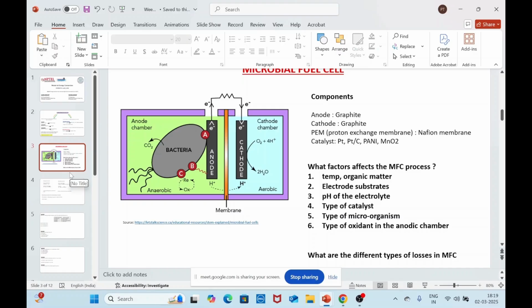Using a membrane, yeah. In that case, I will have to look that up because I am not familiar with it.